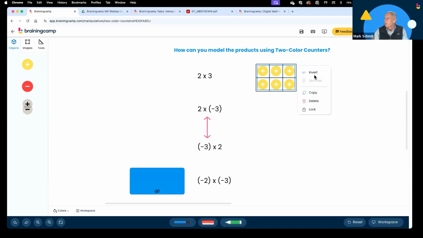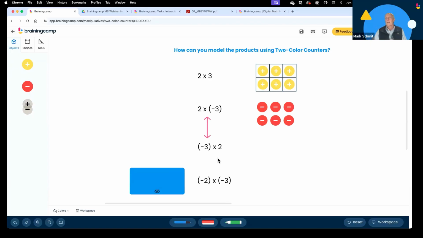Well, I'm going to copy this, bring that down. That's 2 groups of -3. But now what happens if I have something like -3 times 2?